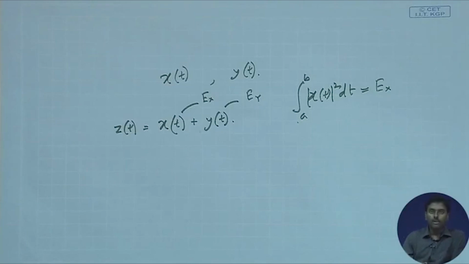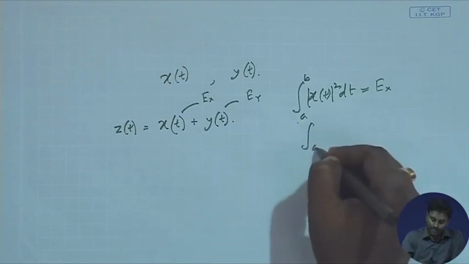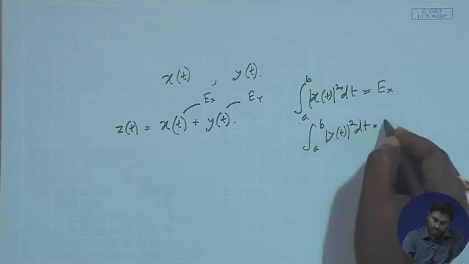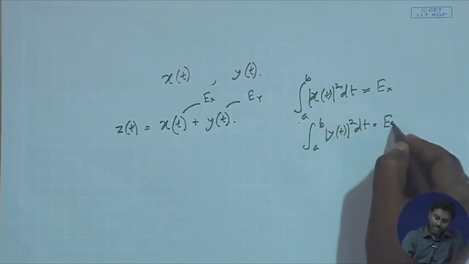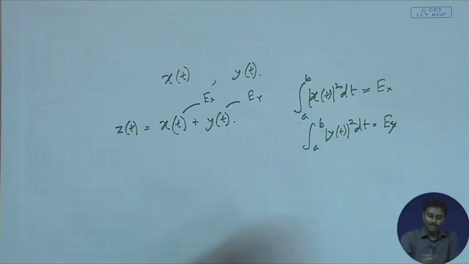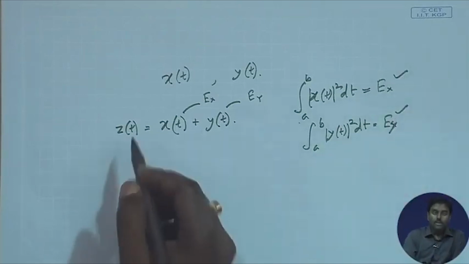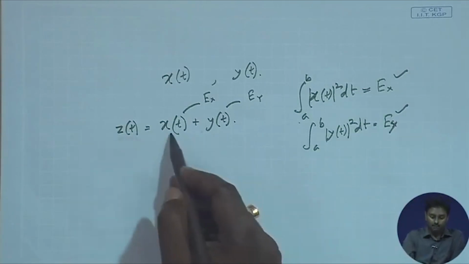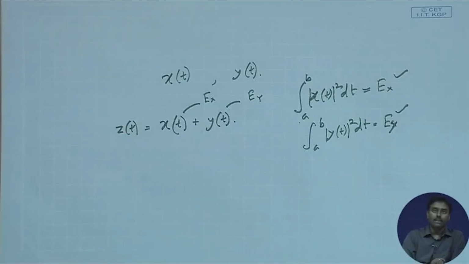Similarly, for y also I have done a to b modulus y(t) square dt, that gives me Ey. Suppose I know these two parameters, Ex and Ey. Can I now calculate the energy of z(t) without actually adding them, integrating and all those things?